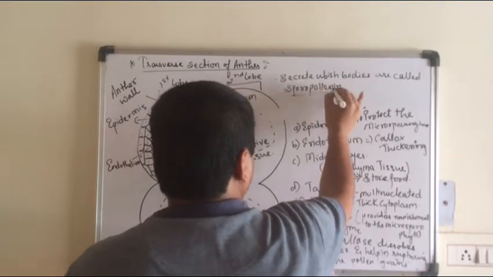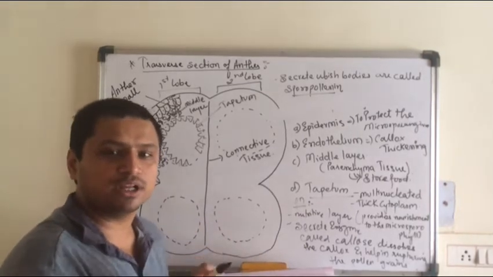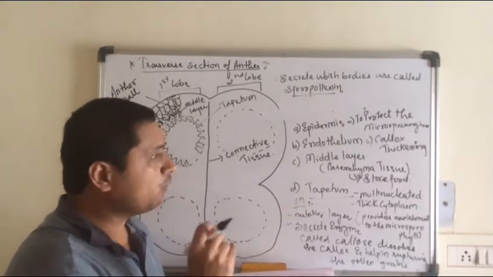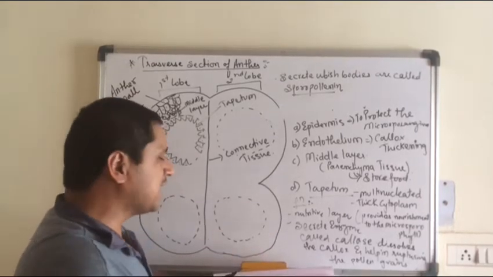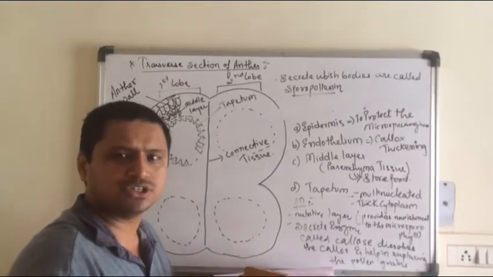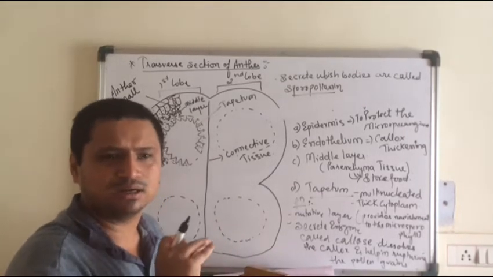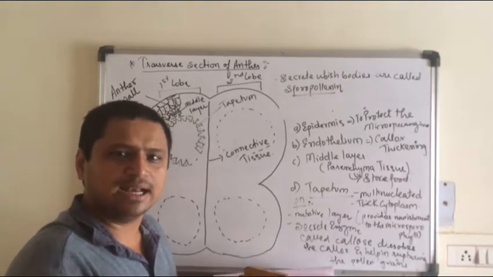This sporopollenin is the hardest, most resistant material known so far, children. It protects the pollen grain from external conditions like water, humidity, temperature, other enzymes and other external agents, so that it does not get harmed.